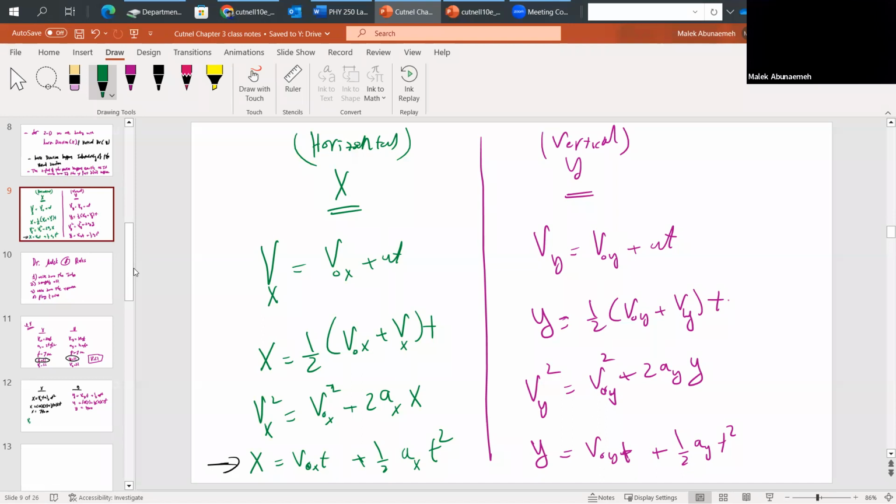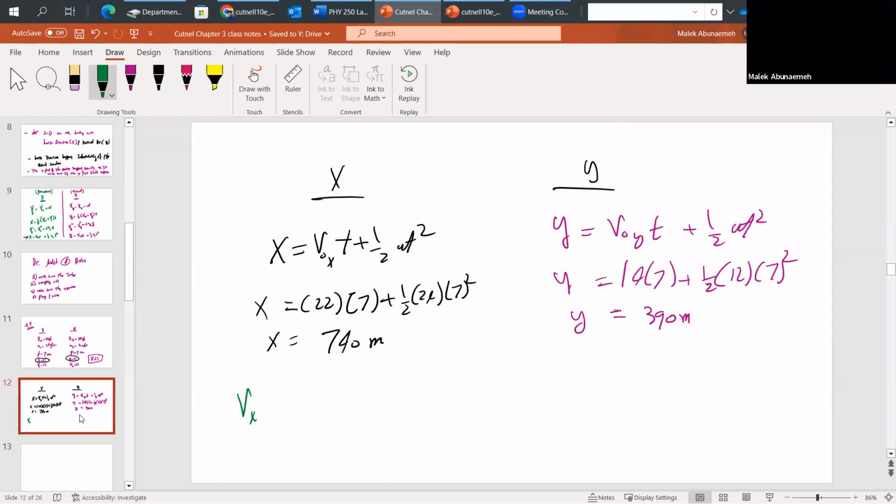So we're going to be using the final velocity in the x direction equals initial velocity plus at, which in our case is initial velocity x plus at, which is going to equal 22 plus 24 times 7. So there's going to be 190 meters per second.